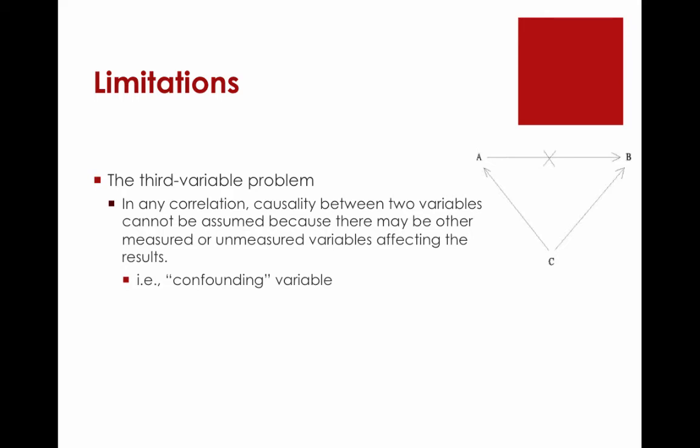We call these variables confounding variables. Again, something may be contributing to the unaccounted variance between somebody drinking for the first time or smoking for the first time. There may be some other things, right?